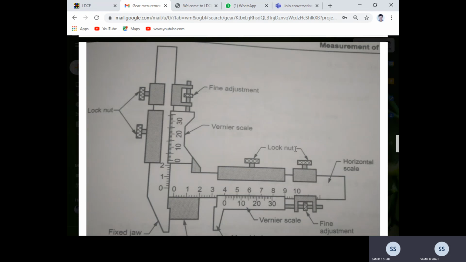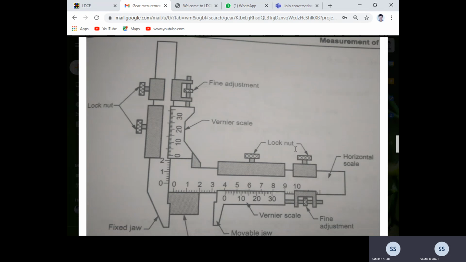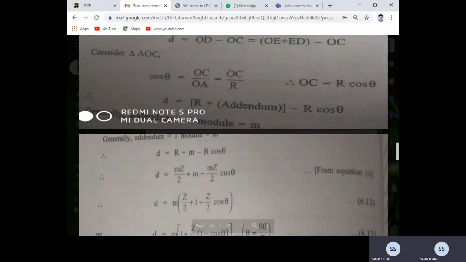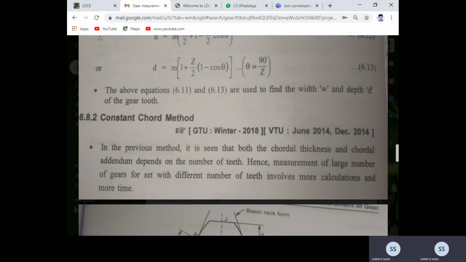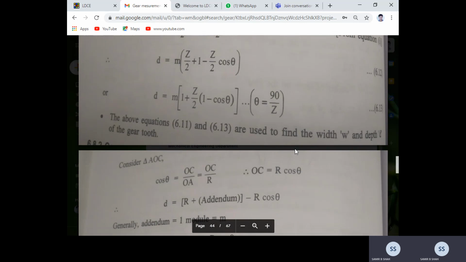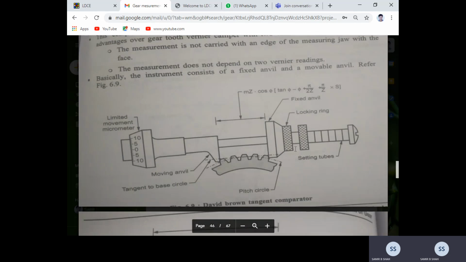After that, three methods remain, based on derivation: the constant chord method, the base tangent method, and measurement over rollers. These three methods are very important from the exam point of view and the industrial point of view.